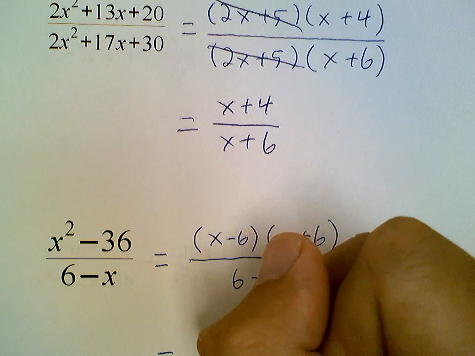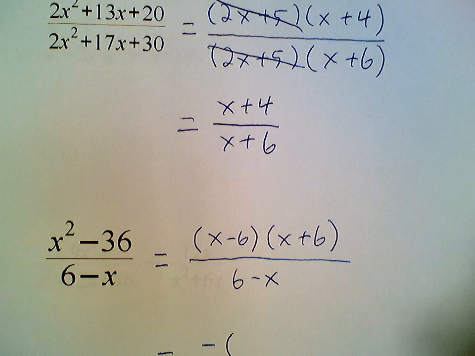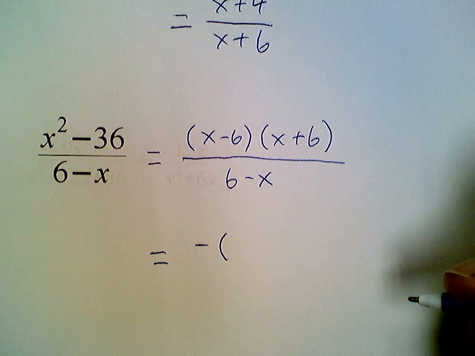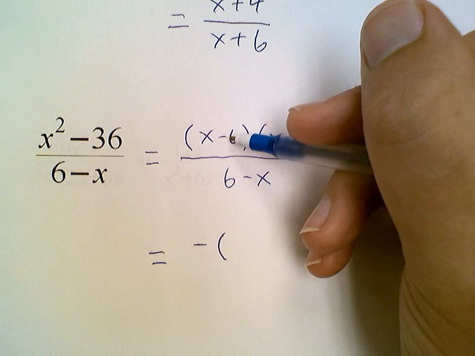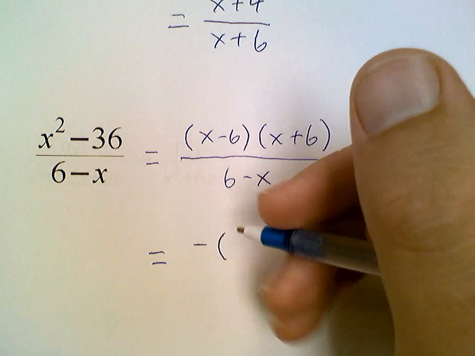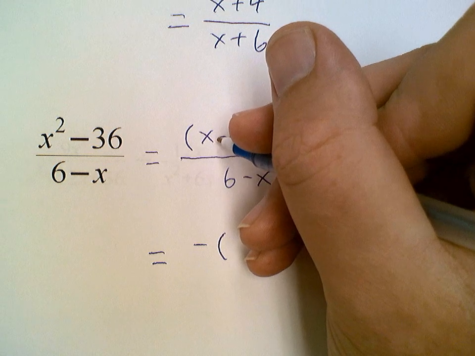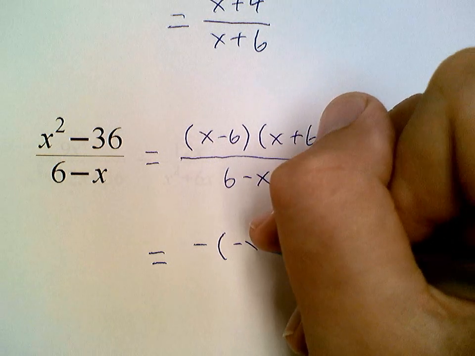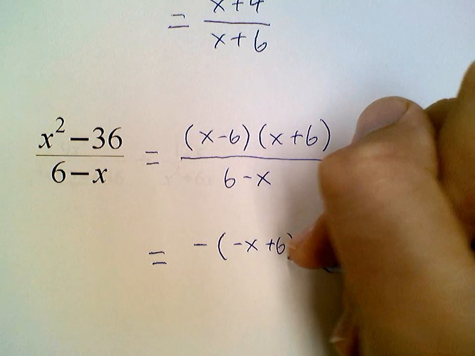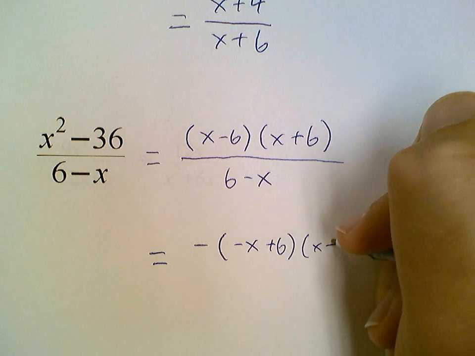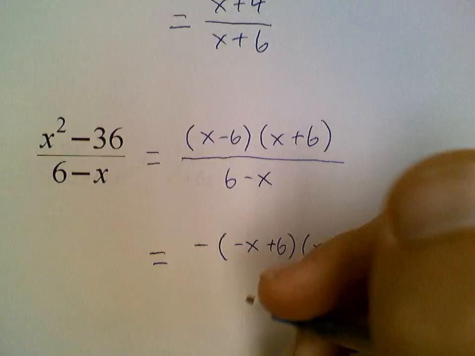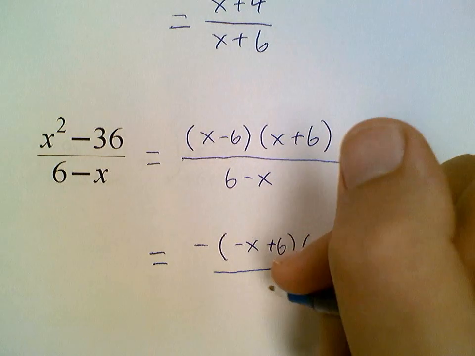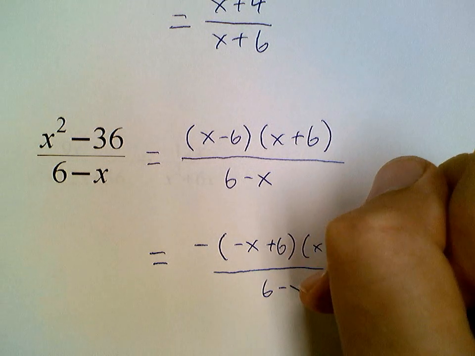If you factor out a negative 1 from this factor in the numerator, I'm going to put it outside the parentheses, and this x becomes negative x, and this 6 becomes positive 6, so you end up with negative x plus 6. Still have the x plus 6 on top also, and in the denominator you have this 6 minus x.